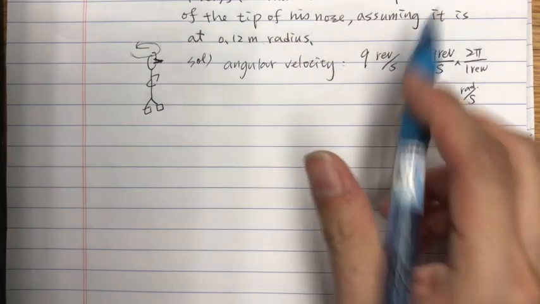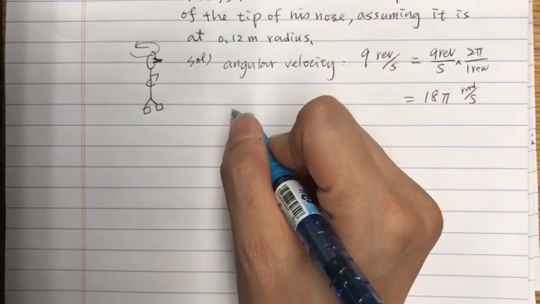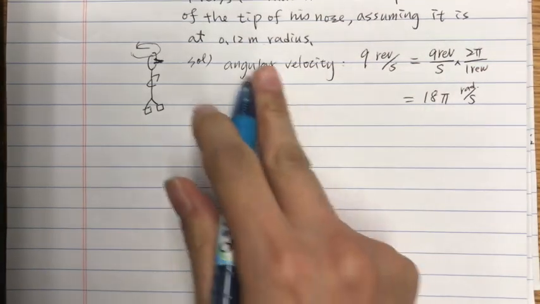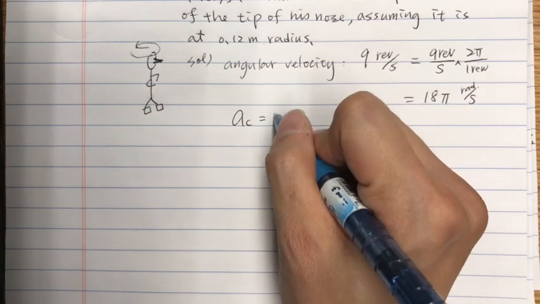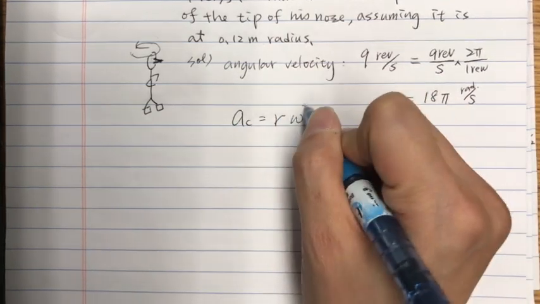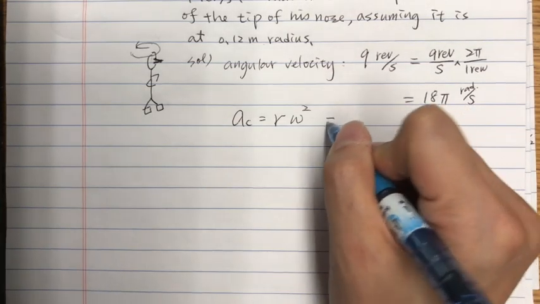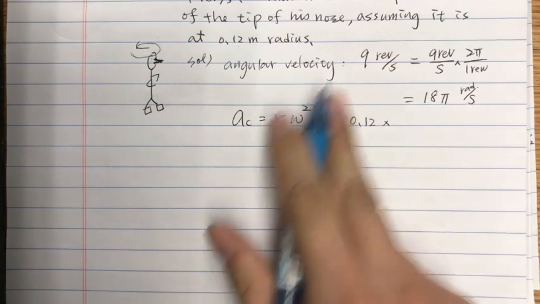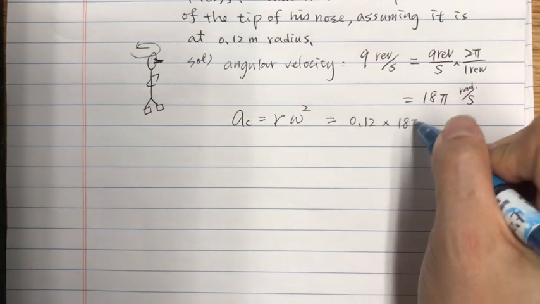Okay. And since I want to figure out the centripetal acceleration, I know the centripetal acceleration is related to the angular velocity. The relationship is a equals r omega squared. And the r in this case would be 0.12, and the omega in this case will be 18 pi.